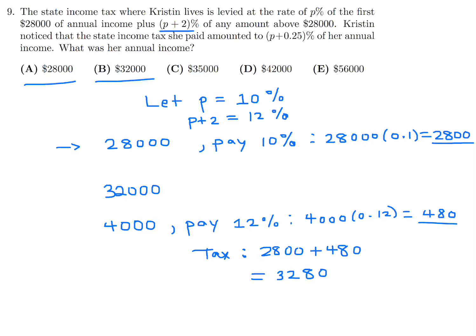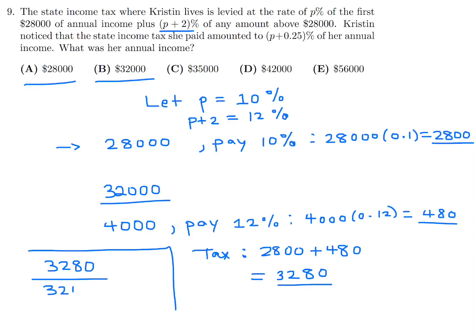And now the final part is you have to compare this to her total income. So $3,280 in tax compared to her total income, and that is 0.1025. And if you multiply by 100 and make this into a percentage, this becomes 10.25%.